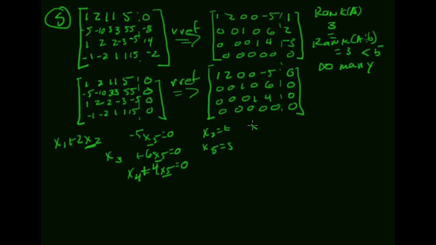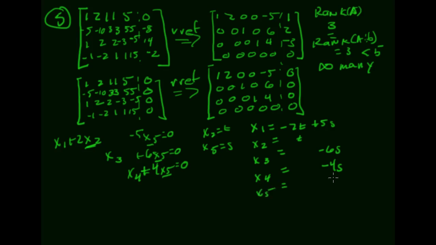It's going to give me that x1 is -2t plus 5s. x2 we know is just t. x3 becomes -6s. x4 is -4s.